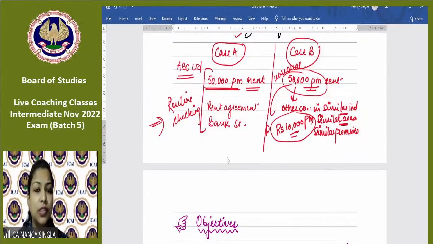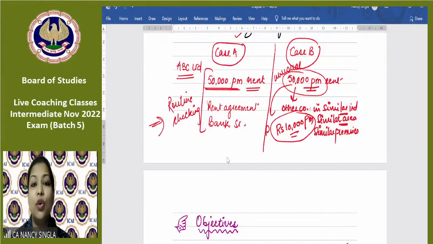Vis-a-vis the second situation, whereby the auditor went through the rent agreement also, but along with that, he compared the rent which has been paid by the client and the rent which has been paid by the companies in the similar area for the similar premises, and he found something unusual.